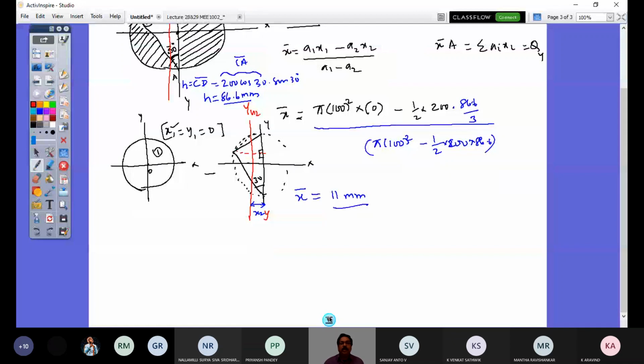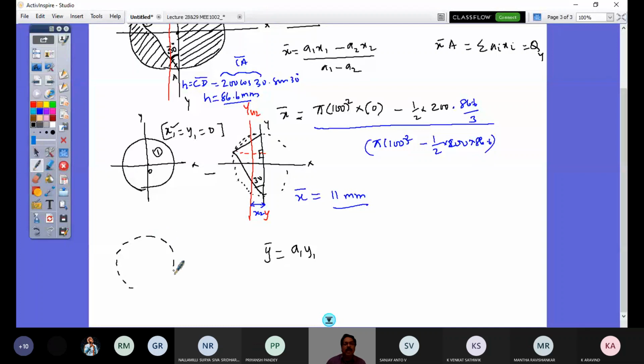Now let us find out y bar similarly. You would be able to get y bar. Again, A1, Y1. Now A1, Y1 is referring to the circle. Let me once again draw this second diagram to avoid confusion. So this is that circle.